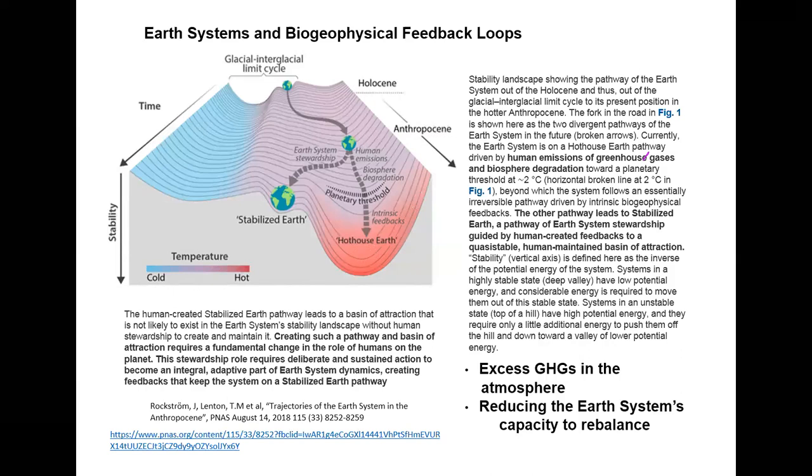Creating the appropriate biogeophysical feedback loops requires our recognition of the integral, adaptive part we play in the Earth system dynamics, as I mentioned above in slides 2 and slide 1. It requires, as the article puts it, a change in the fundamental role we humans play in the biosphere.